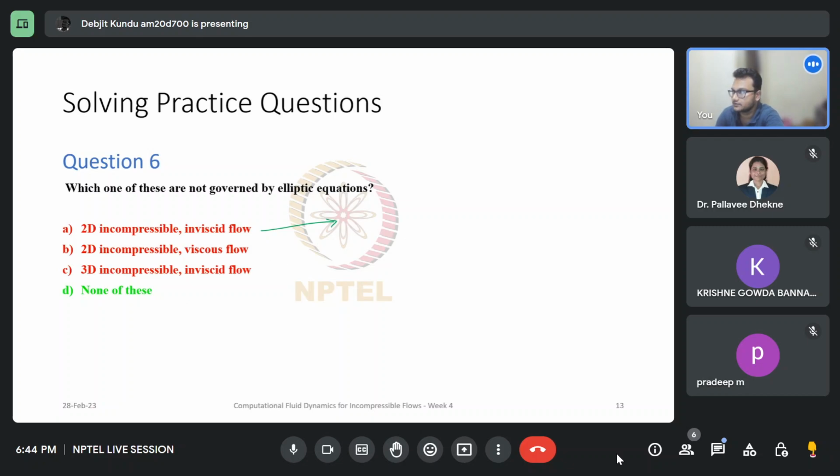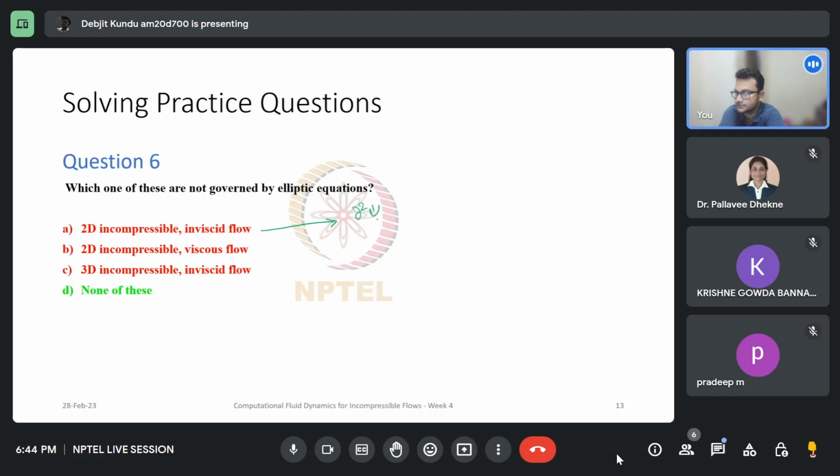So for the first one, 2D incompressible inviscid flow. How can we write down the governing equation for this? Can anyone help me? What is the governing equation for an inviscid incompressible flow in 2D? So we can write it down two ways.